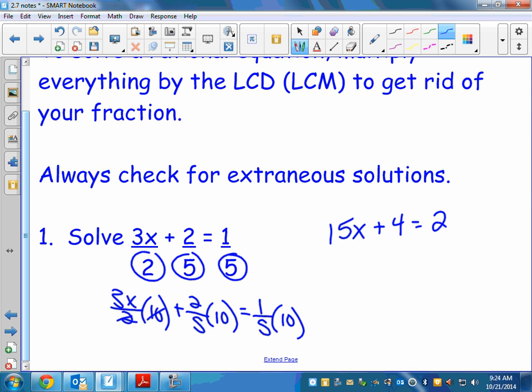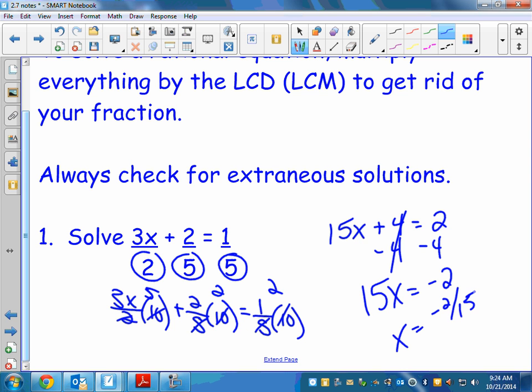So then I just simplified that, and that's where I got the 15x. 5 divides into 10 2 times, so that's where I get the 4. And 5 divides into 10 2 times, which is where I get the 2. And then you just solve it. So I get 15x equals negative 2, x equals negative 2/15. Which we could have done without that step, but again, I just want to remind us about fractions and common denominators.